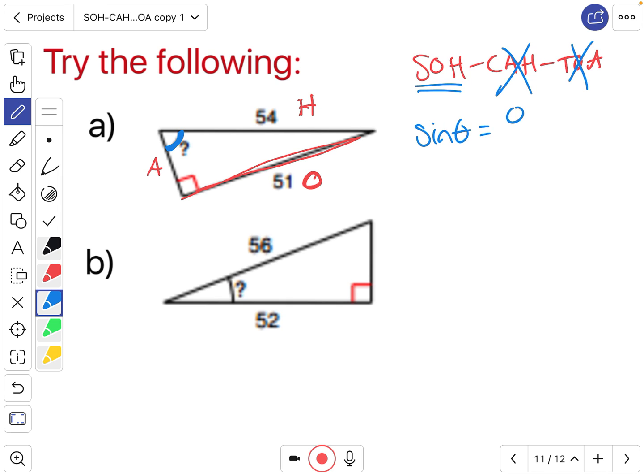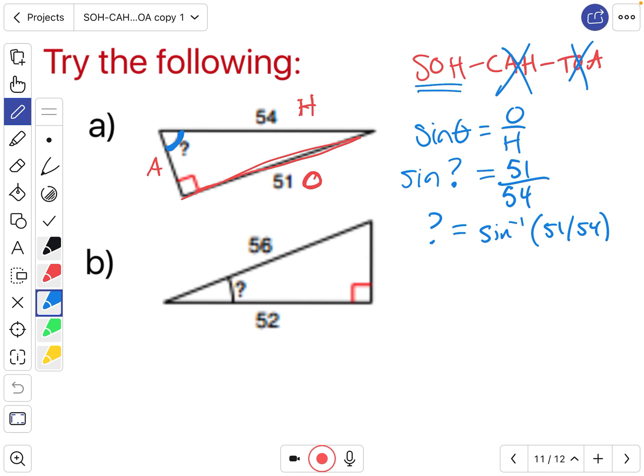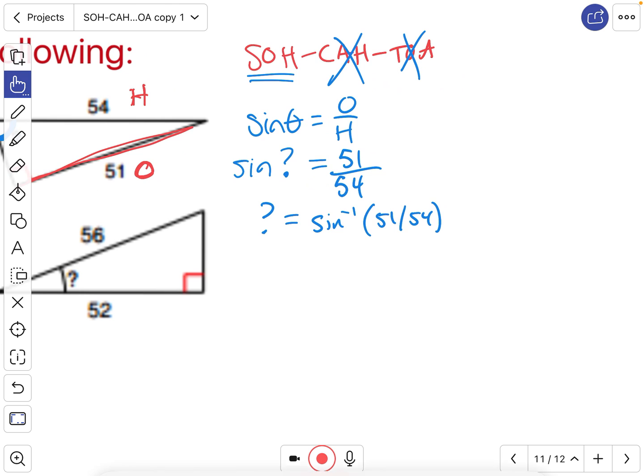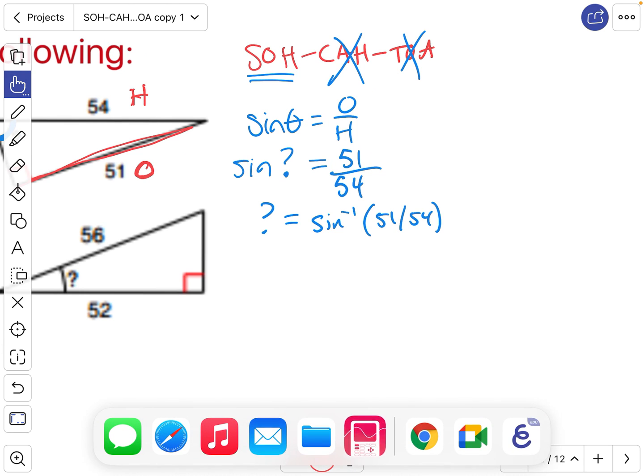This tells me in the first one you should have used sine. If I sub in my formula, sine is opposite over hypotenuse. Sine of we don't know, you can write it as x or as a question mark, it doesn't matter. The opposite side is 51, the hypotenuse is 54. So to find that missing angle, I take the sine inverse of that fraction, and that should give me my answer.